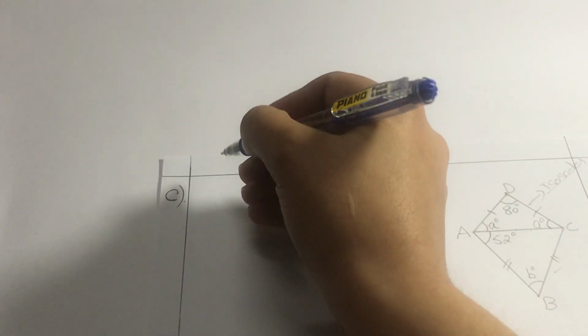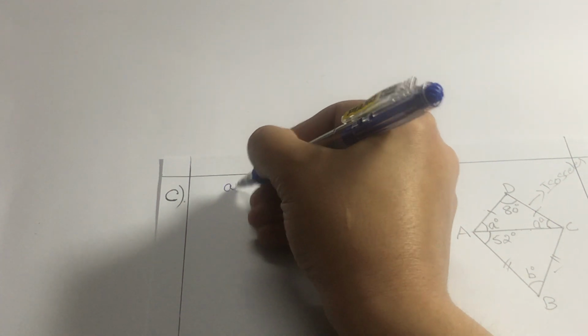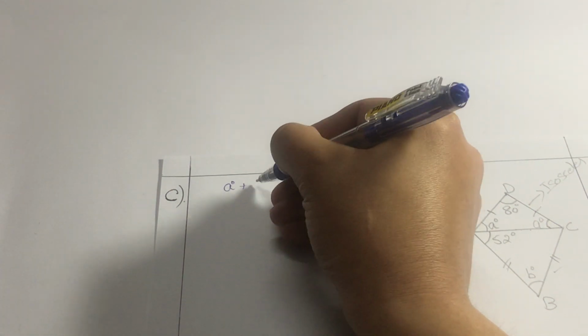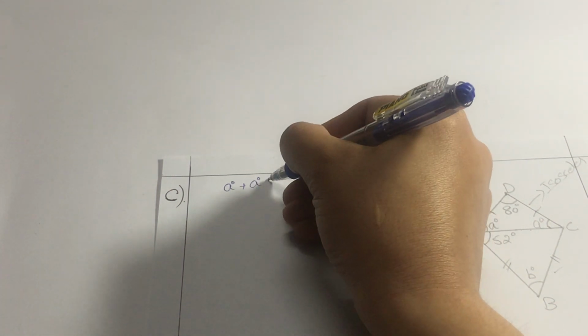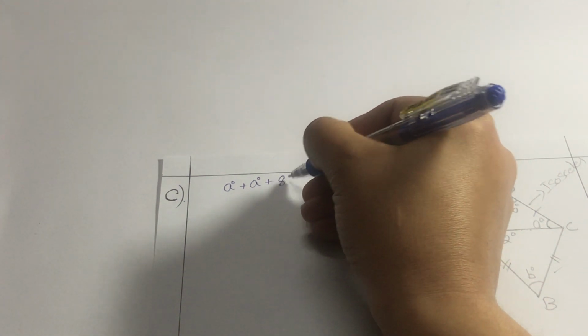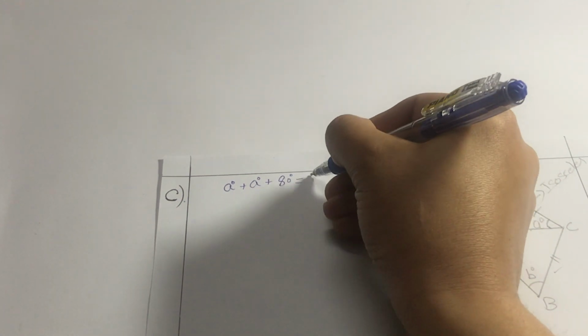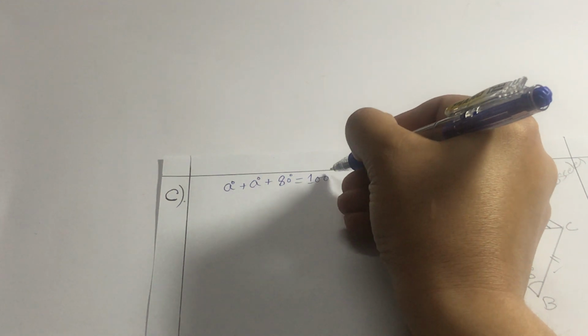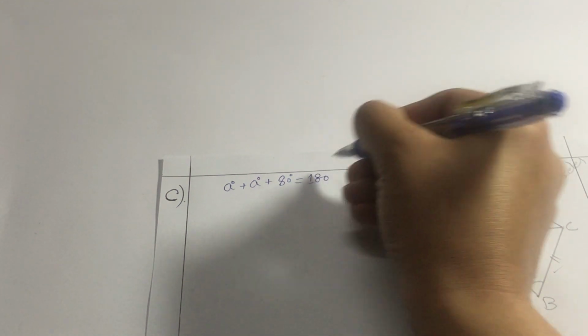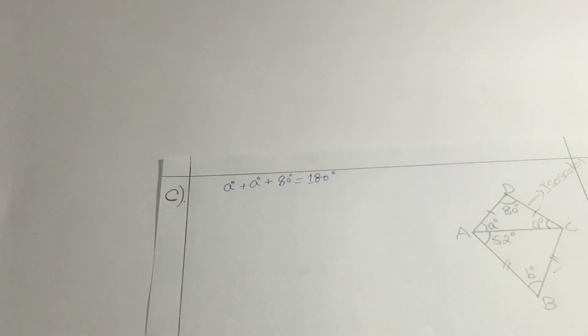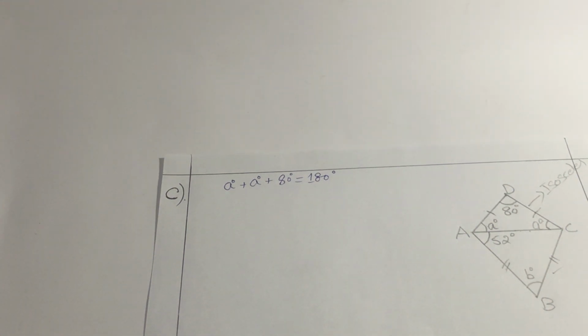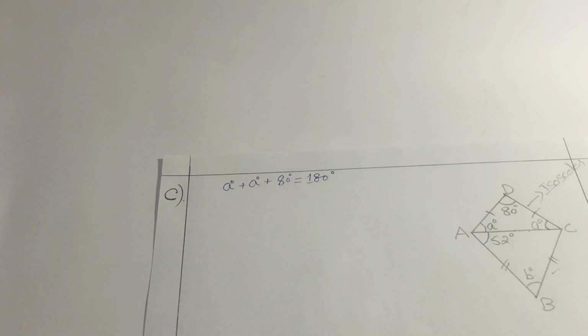So we can use that property and write A plus A plus 80 degrees is equal to 180 degrees, right? Because the sum of the interior angles of a triangle is always equal to 180 degrees.